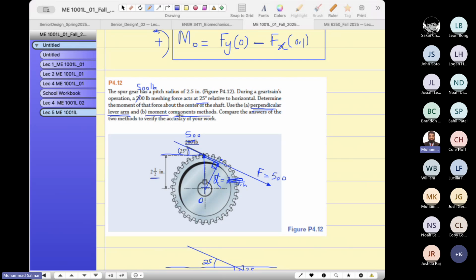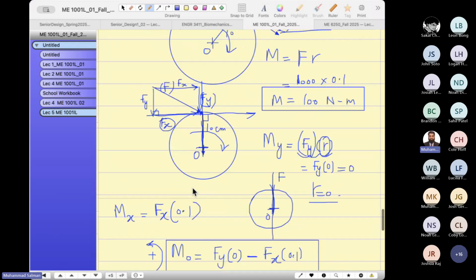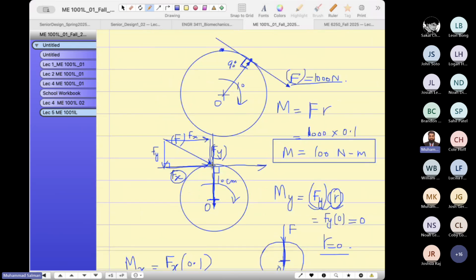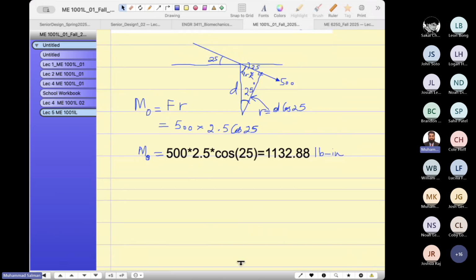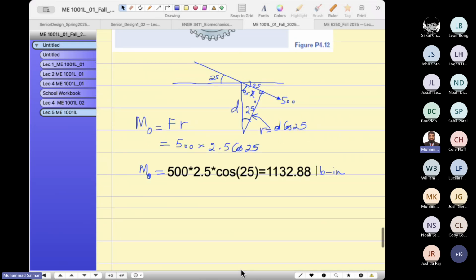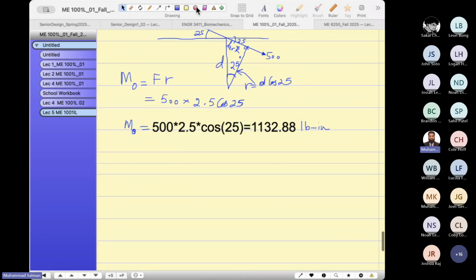Let's do the second method, the one which I explained earlier. Suppose this is a force acting over here. You have to resolve it into two components. So let me show you another method. Do you get the same answer using this other method? This is my gear and this is my accelerator.